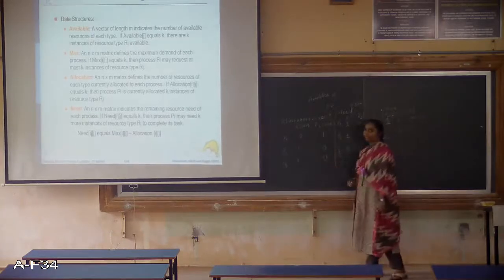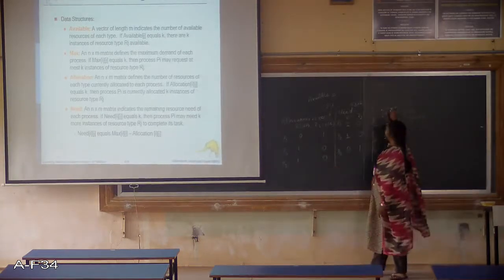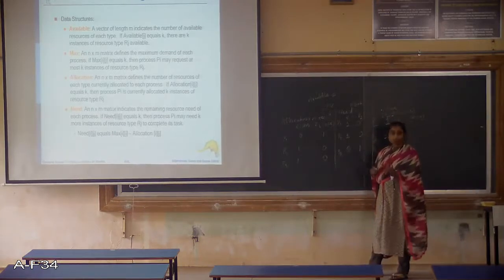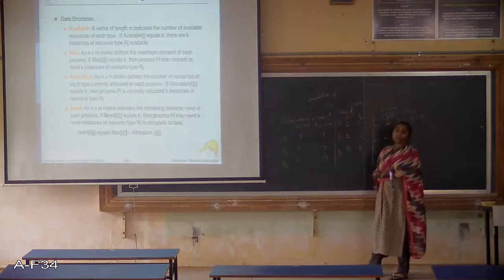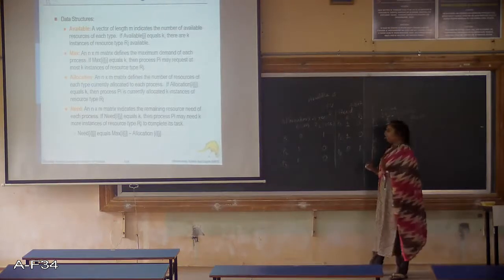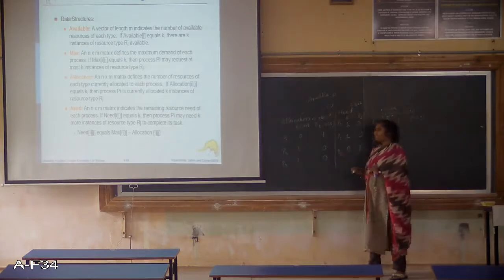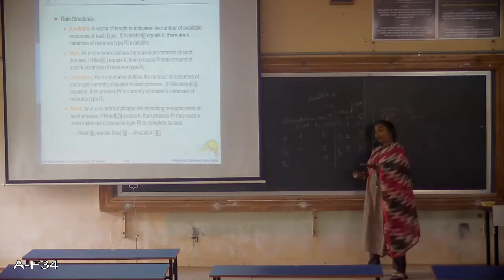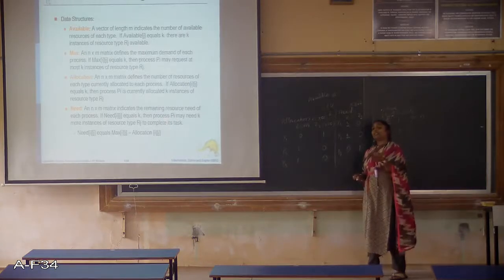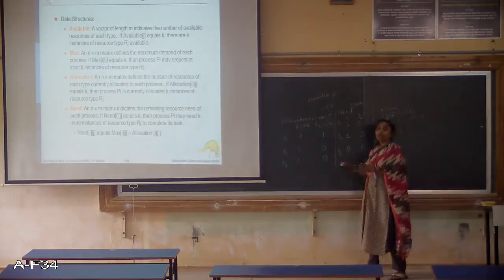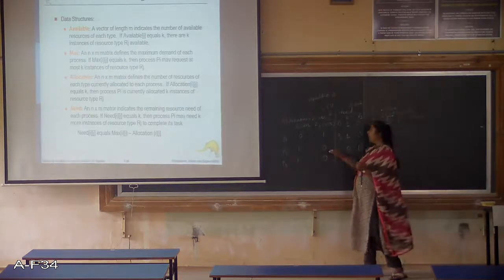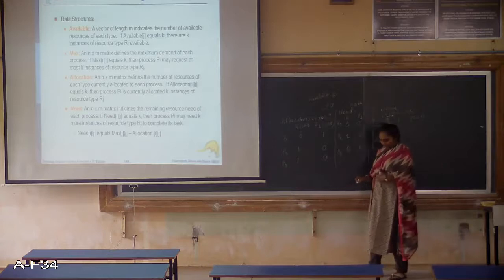So this is need, and this is allocated. So it indicates how much maximum it will require in the entire life cycle of that process, from the beginning of execution till the end of the execution, how much resources it will utilize. Next is the need matrix. After allocating whatever you have allocated, it is what the process will ask for in future based on the maximum that it said it will require.